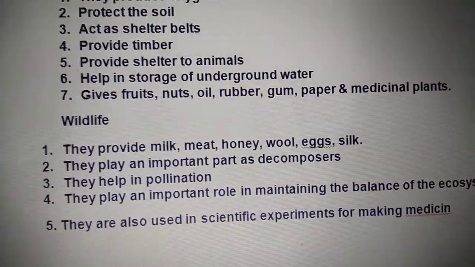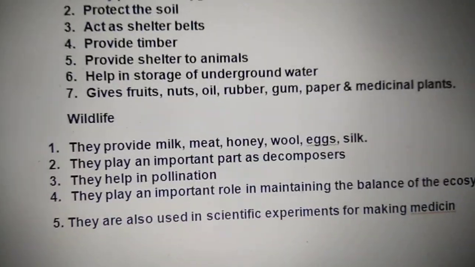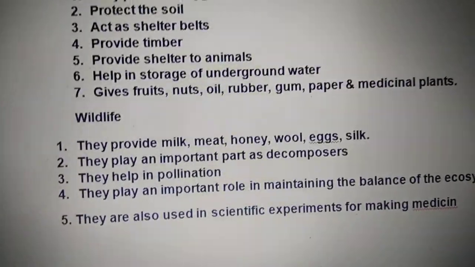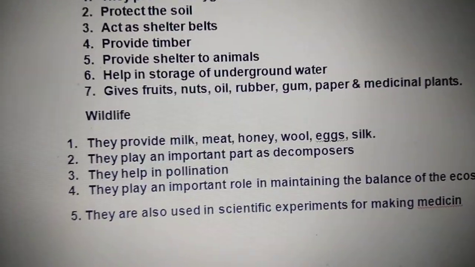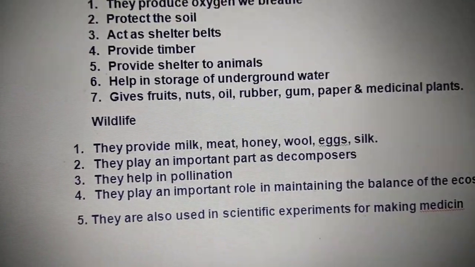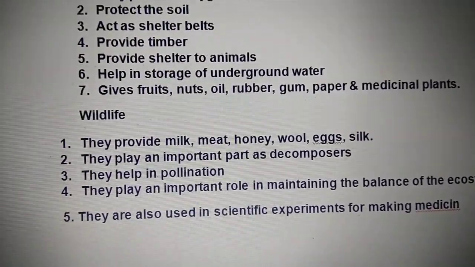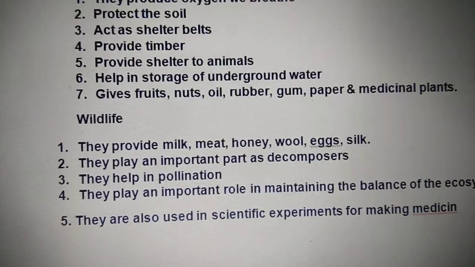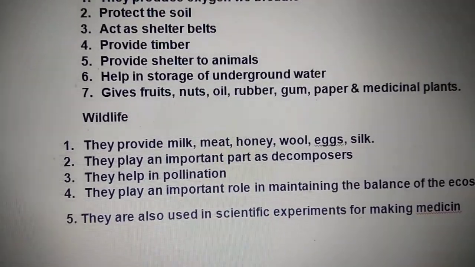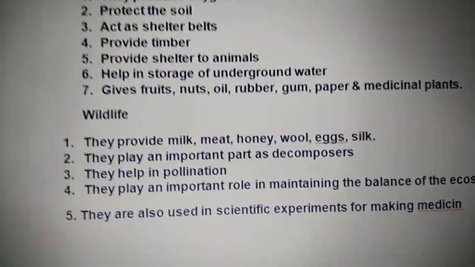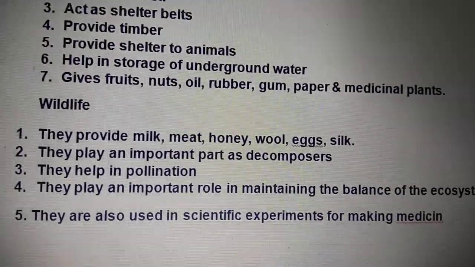So birds feed on insects and act as decomposers. Vultures, due to its ability to feed on dead livestock, is a scavenger and considered as a vital cleanser of the environment. Then the bees help in pollination and also play an important part in the ecosystem.